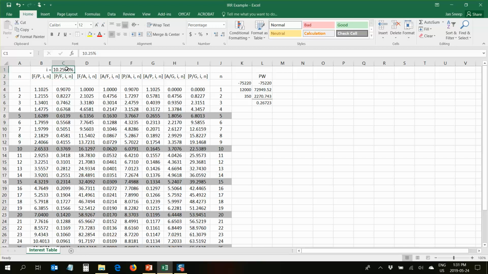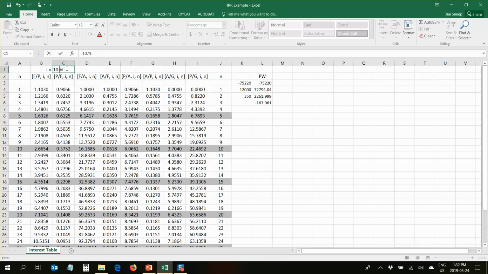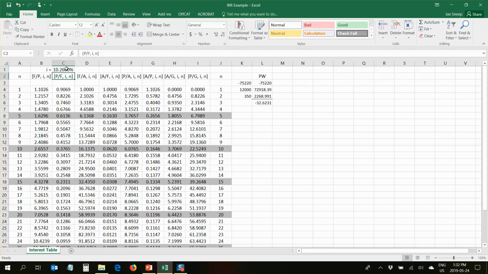And so let's try 10.3. Oh, it's gone negative. So 10.26. Oh, it's still negative. Okay, so it's between 10.26 and 10.25. Right? 10.25 is a little bit closer.